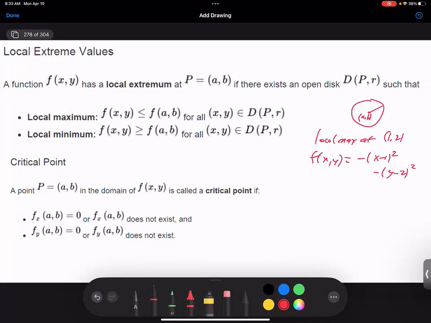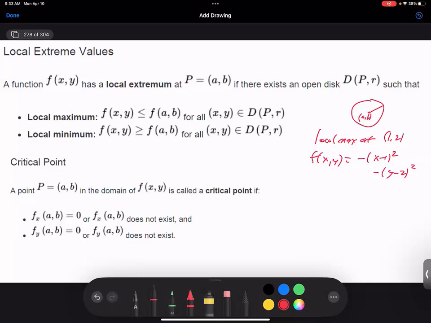Why? We're trying to use calculus. If we're using calculus, what do we need to be able to do? Derive. We have to be able to take derivatives. So if we're in situations where the partial derivatives don't exist, we can't use the techniques from calculus. So for us, we will always be working in situations where the partial derivatives exist.